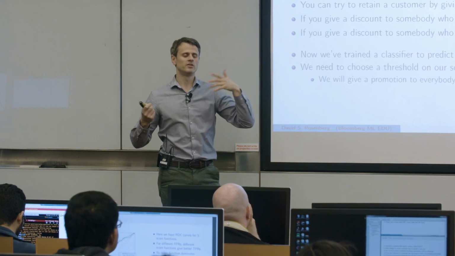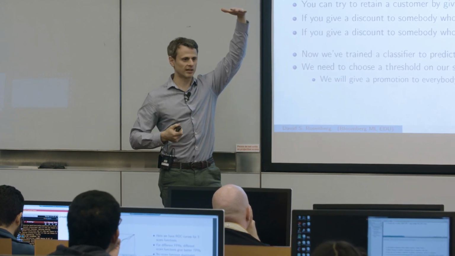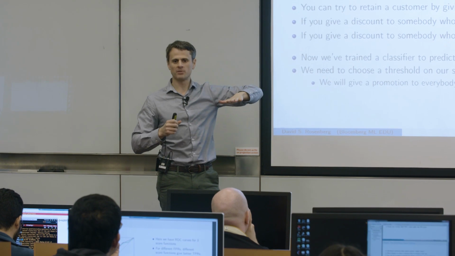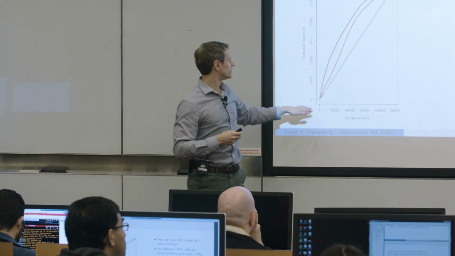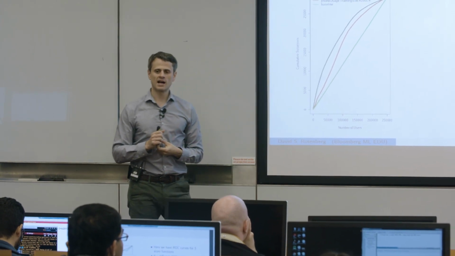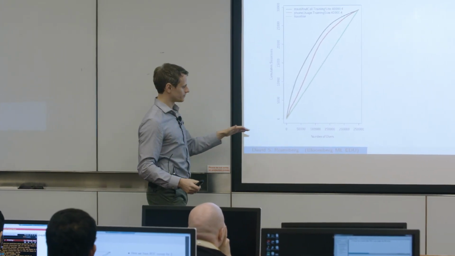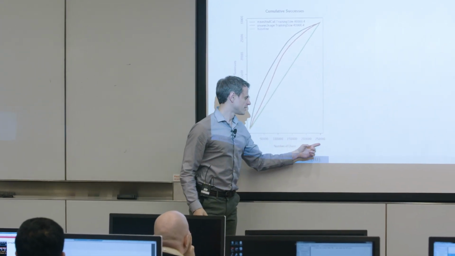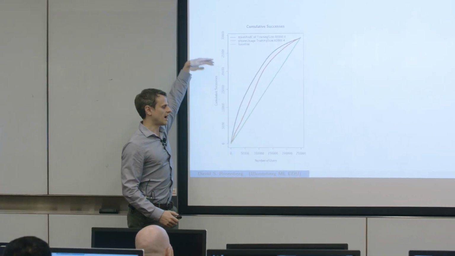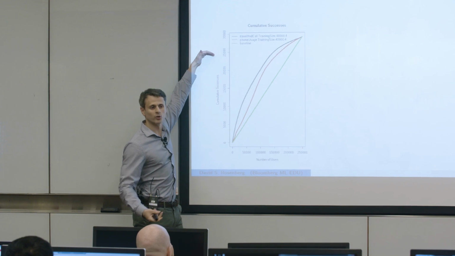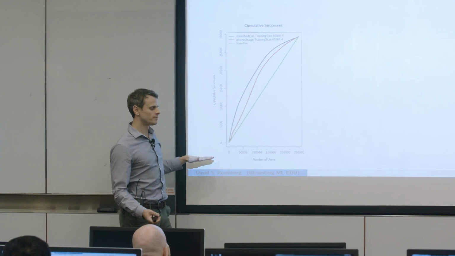How many of them? The idea would be you start at the top of the list with the most likely to churn, and you go down and stop at a certain point. These lift curves are a very natural way to evaluate that sort of situation. So the x-axis is, you imagine you have a ranked list of all your users. The highest on the list are the most likely to churn according to your model, and it decreases as you go.